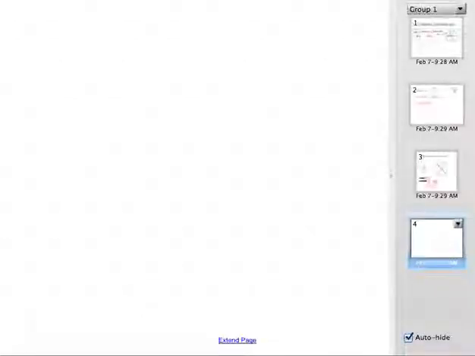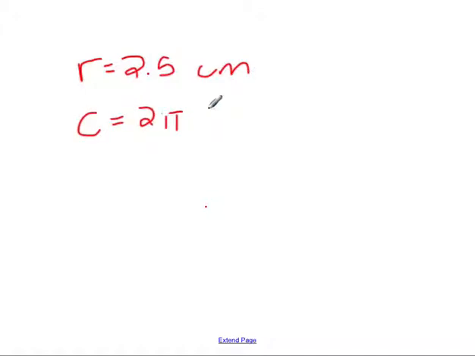For number 4, we have find the circumference of a circle with a radius of 2.5 centimeters. So our radius is 2.5 centimeters. Now we want to go ahead and use that formula. So we have C is equal to 2 pi r. Since we know the radius, we're going to use that formula. So C is equal to 2 pi, then I'm going to multiply it times the radius.